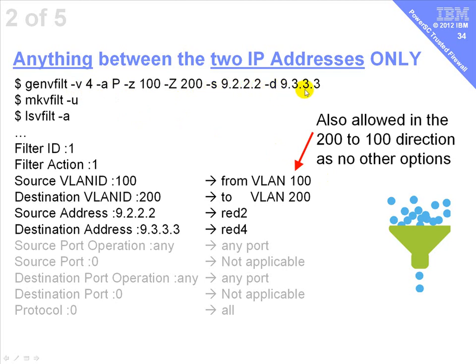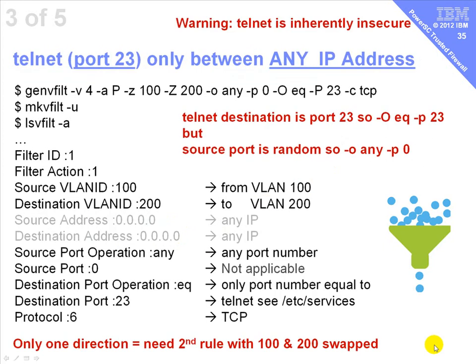Here are the IP addresses of my Red 2 and Red 4 LPARs. Again, we're listing out the details in here, and we can just see we have the VLANs as before, and the source and destination are the ones we expect. Again, because we haven't got port numbers in here, this allows the same traffic in the opposite direction between Red 4 and Red 2.